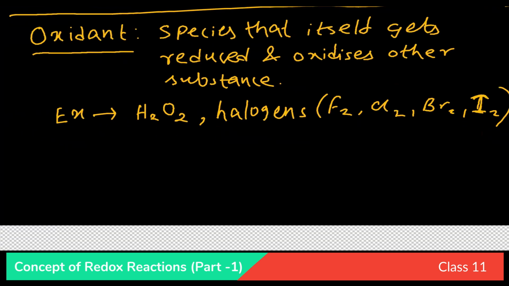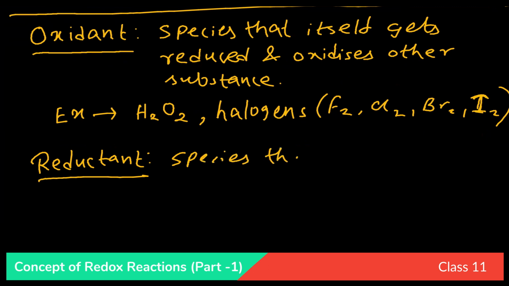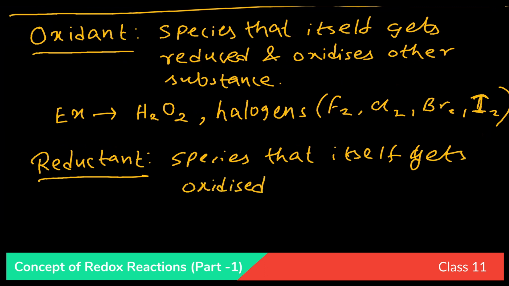Now we will discuss another term, that is reductant. What do you mean by reductant? So reductants are basically the species that themselves get oxidized and reduce other substances.